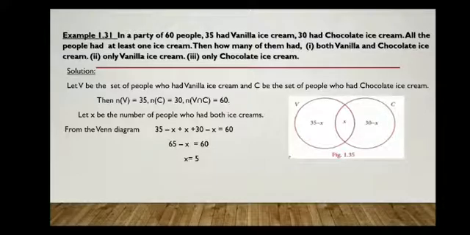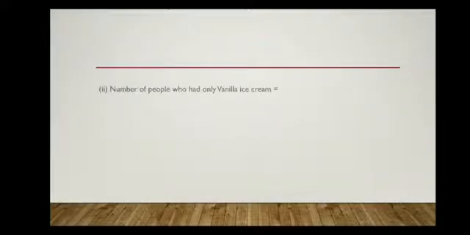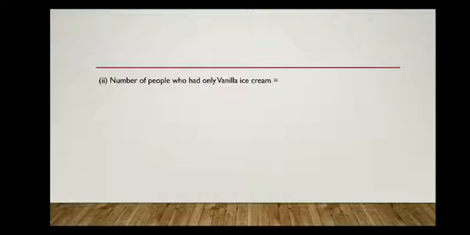What we have to find out? We have to find out people who had only vanilla ice cream. So that will be 35 minus X, which is equal to 35 minus 5, 30. Okay, and we have to find out the number of people who had only chocolate ice cream.